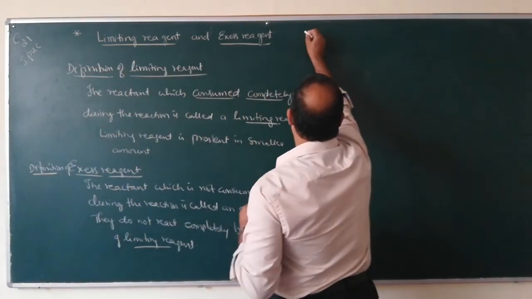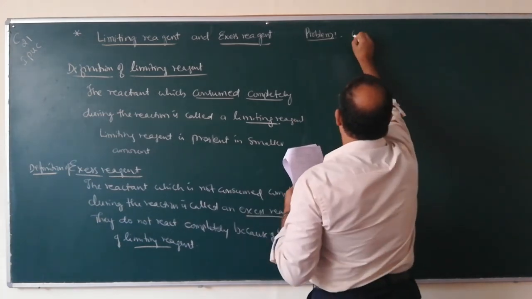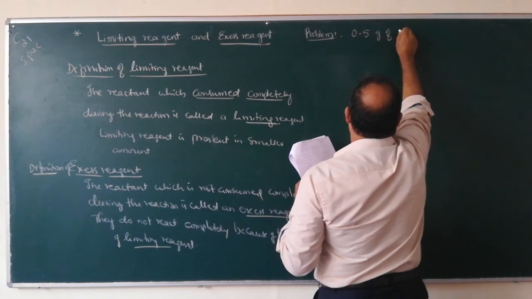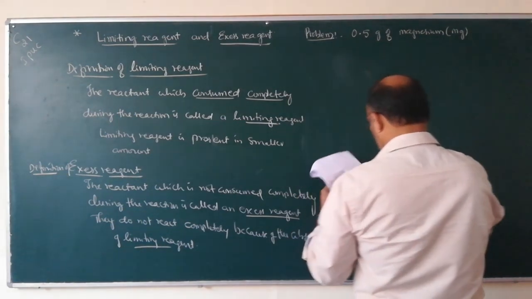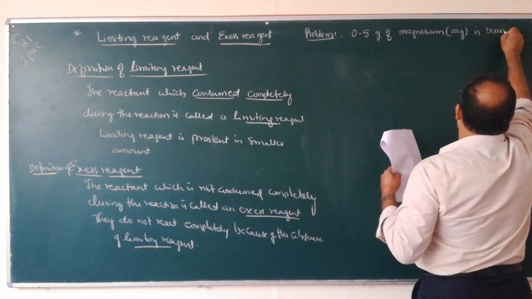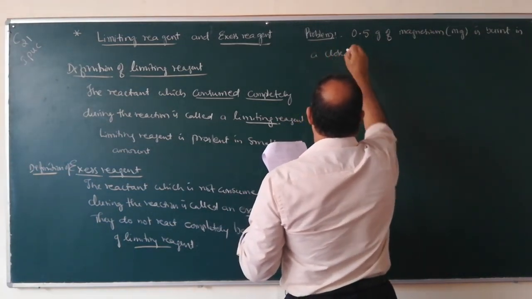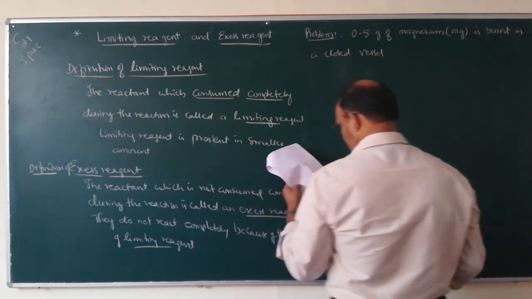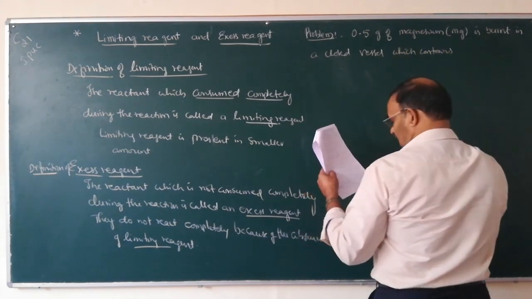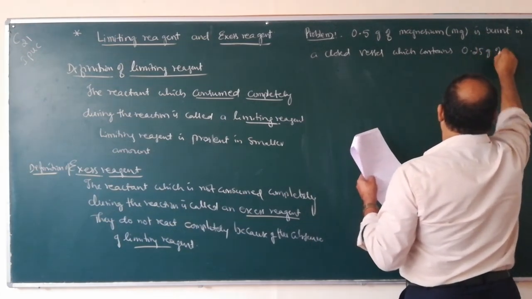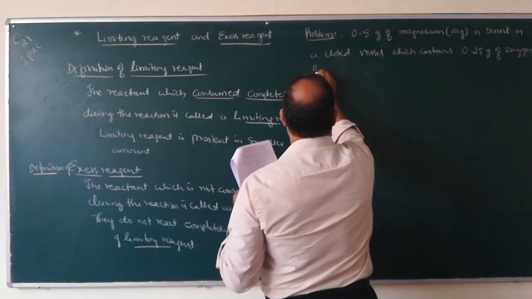So write down this problem. 0.5 gram of magnesium, Mg, is burnt in a closed vessel which contains 0.25 gram of oxygen, O2.